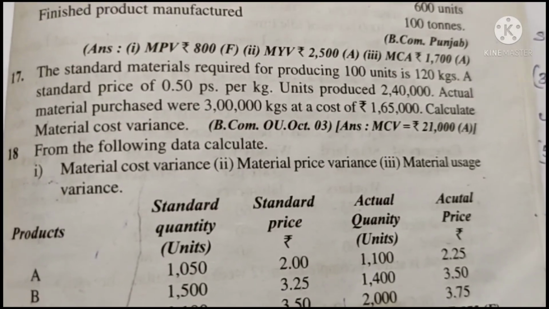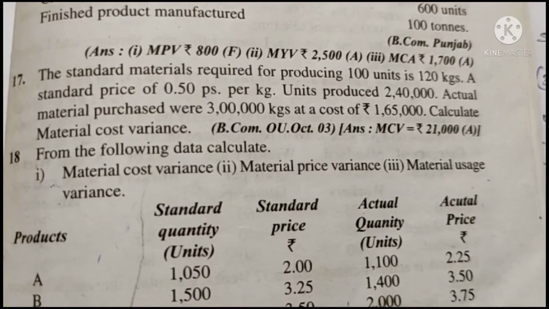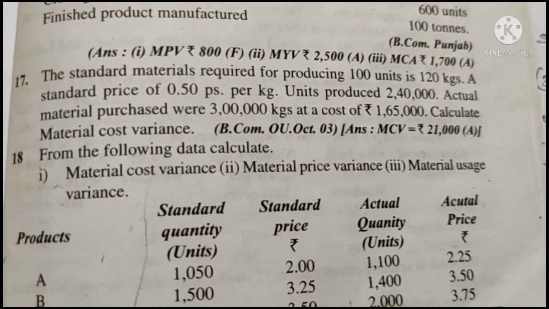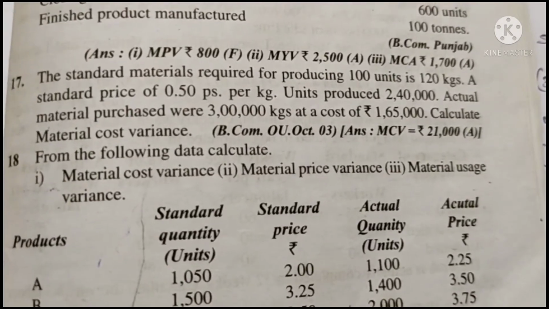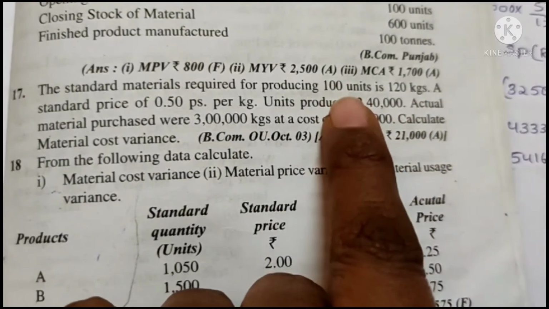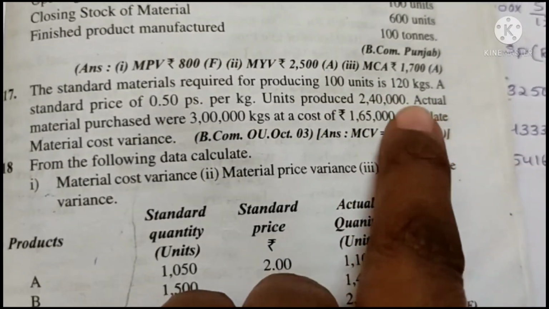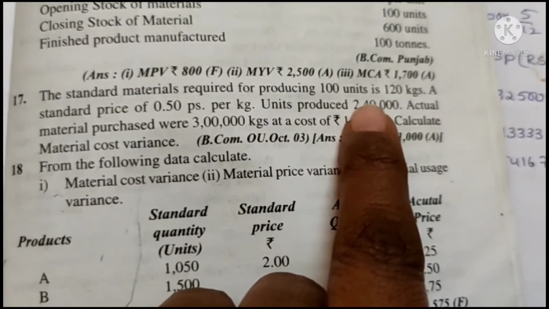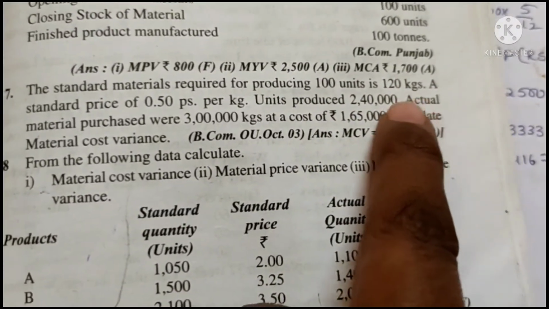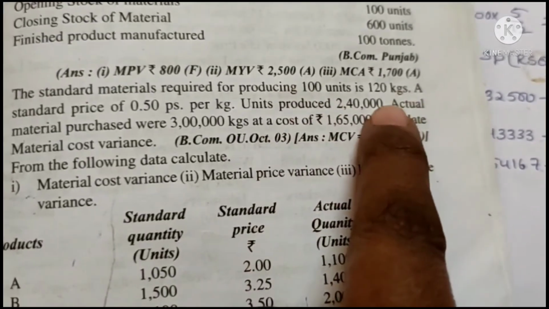2,40,000 units they have produced. Actual material purchased were 3,000 kgs at a cost of 165,000. Calculate MCV. Here you have to calculate only material cost variance. So for 100 units it is 120, right? So for 2,40,000 units how much? You will be getting SQ. How to find the SQ here? For 100 units if it is 120 kgs, then for 2,40,000 how many kgs?